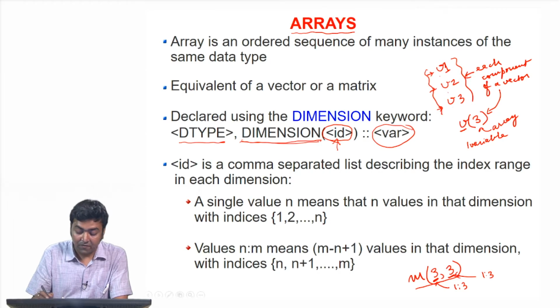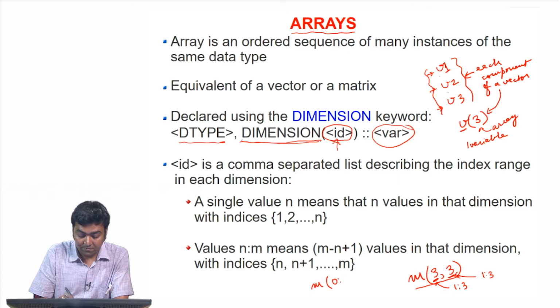Instead, if I want this index to go from 0 to 2, I can write it as M equals 0 colon 2 comma 0 colon 2 in this fashion.